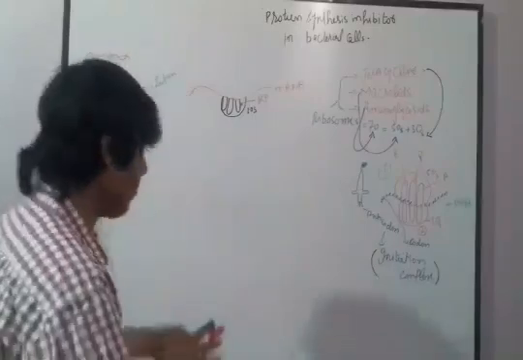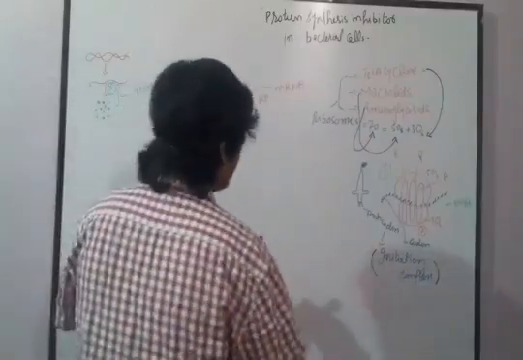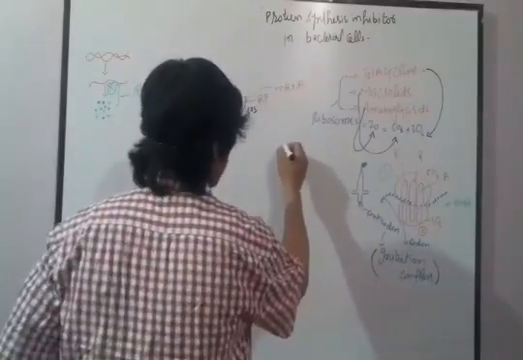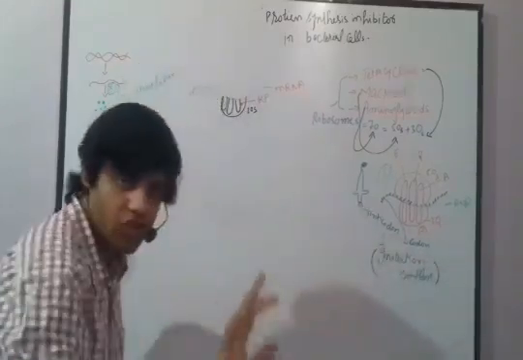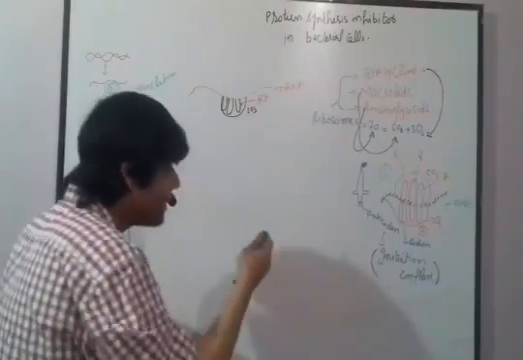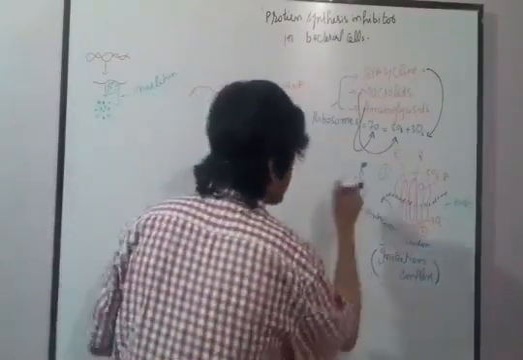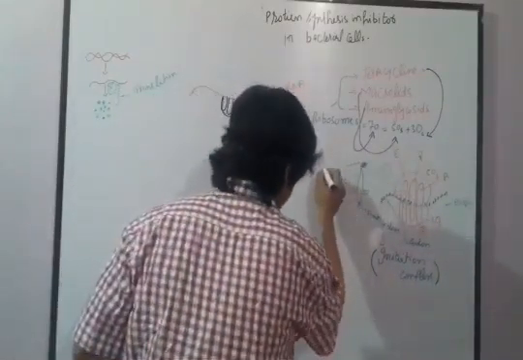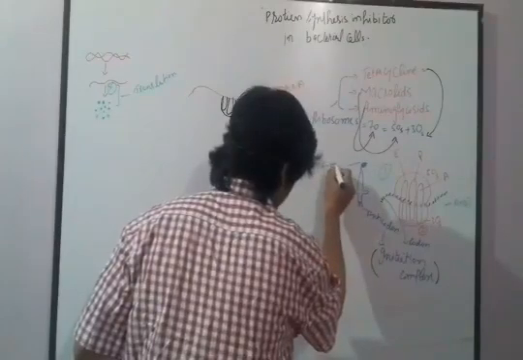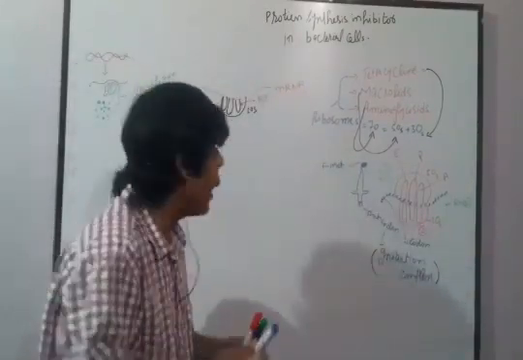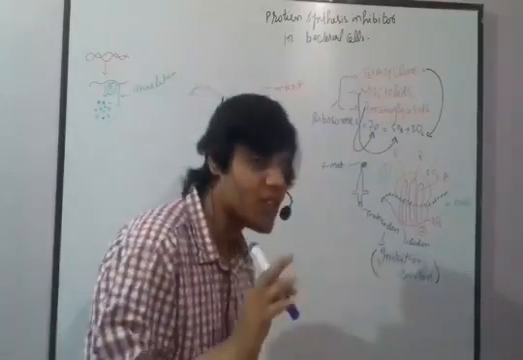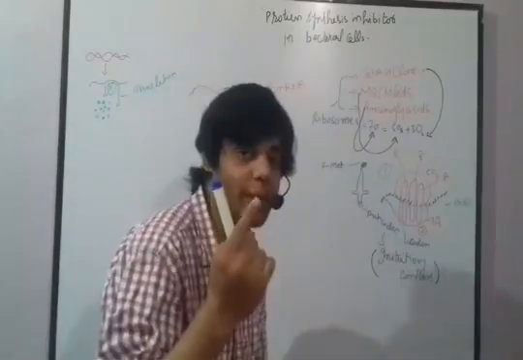First, the transfer RNA which carries the amino acid. Let me draw again. This first amino acid is called F-met, or formylmethionine. This is the first transfer RNA, which carries the first amino acid.